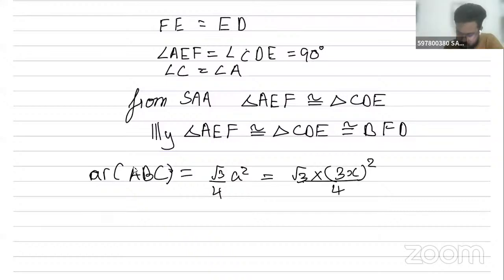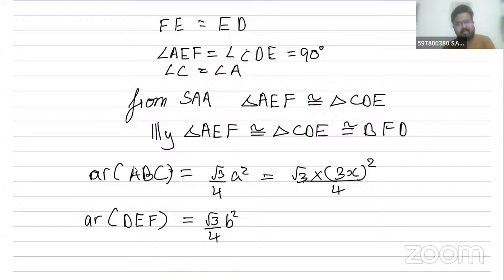I'll just leave it like this. And then area of DEF. Now the area of DEF is again root 3 by 4 b square. The side length of this DEF triangle is b. I'll assume that. And then I can say root 3 by 4 root 3x the whole square.